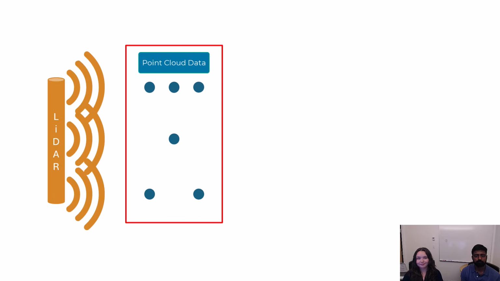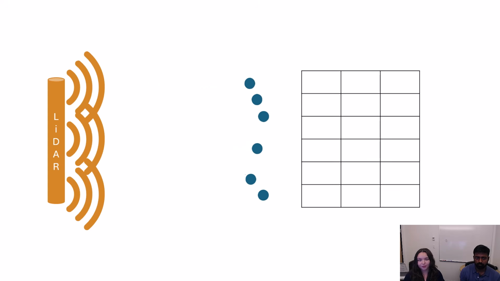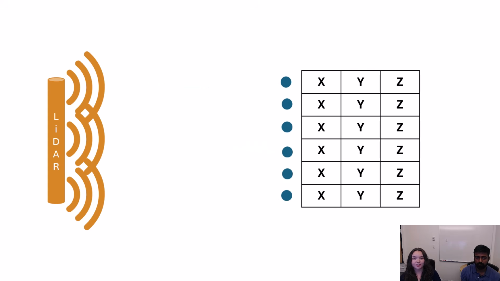Great. There are two different ways that LiDAR point clouds might be stored, either organized or unorganized. In unorganized point clouds, you have an m by 3 array, where m is the number of points that you have, and 3 stores the x, y, and z coordinates for each point.